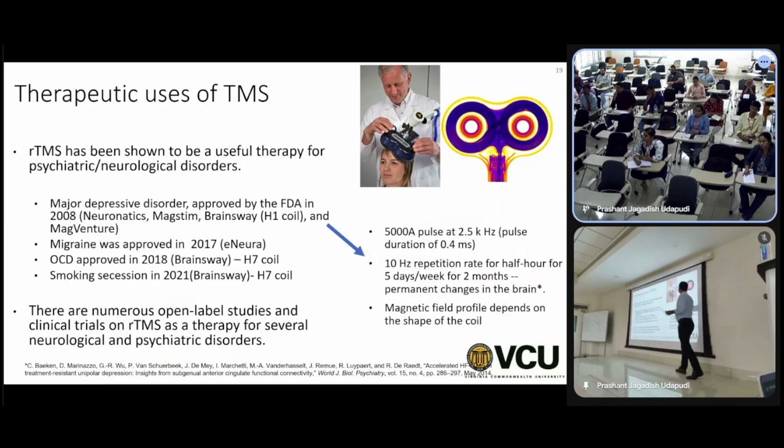This is the same coil. We needed this to model how much magnetic field it generates, right? So this is all copper winding. There is nothing fancy here. There is no magnetic material. It's just copper winding that applies a large magnetic field and makes the neurons fire just below the coil.